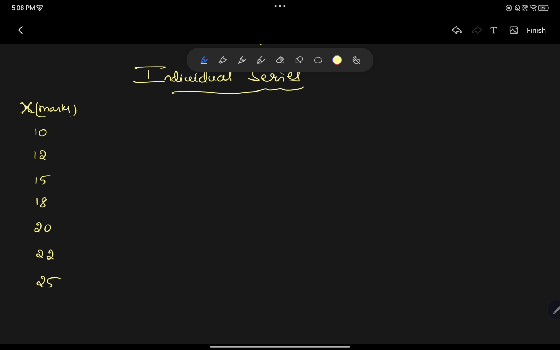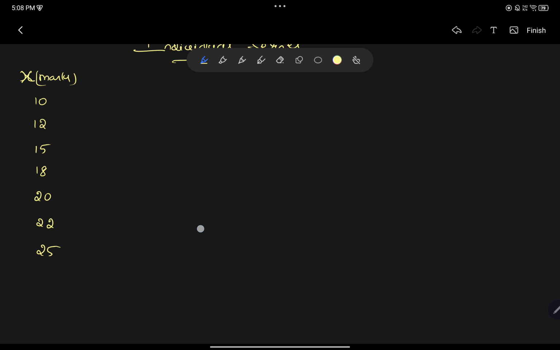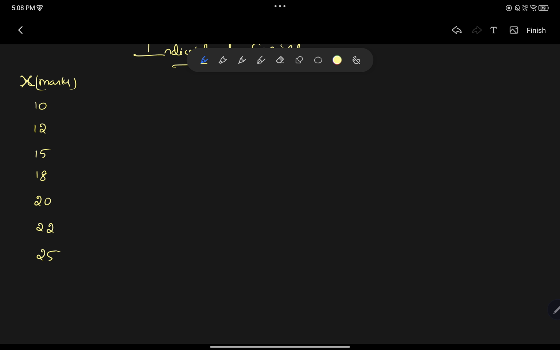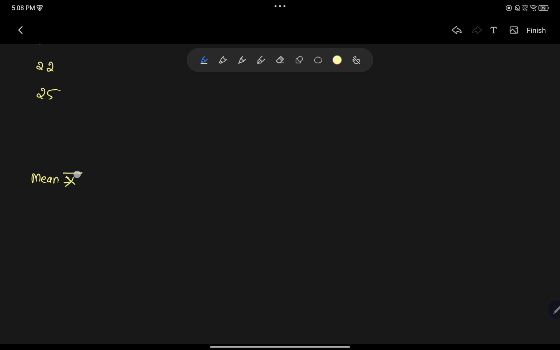Now when calculating mean, what is the formula of mean? Mean, that is x bar, is equal to summation of x divided by n. We have calculated this in unit 3, mean, median, mode for individual series.